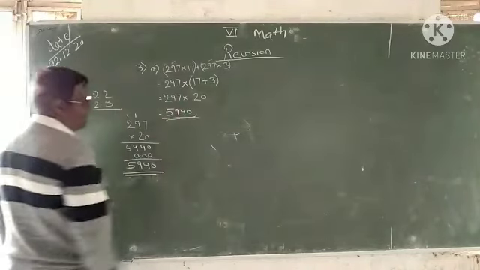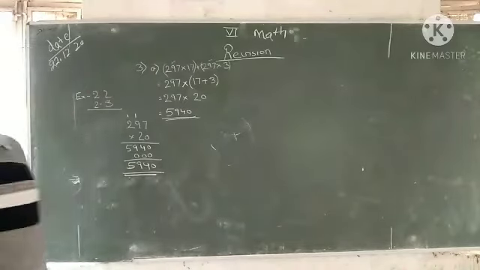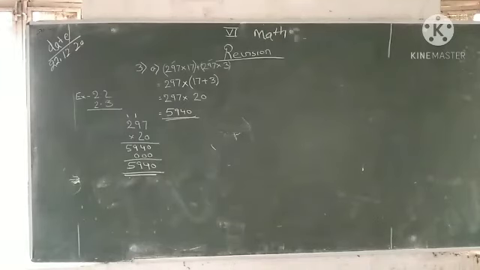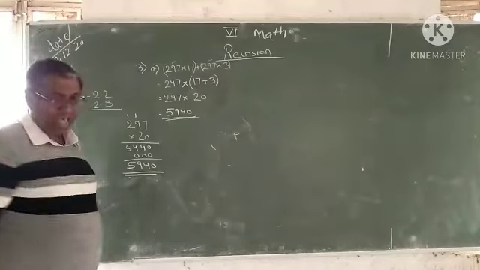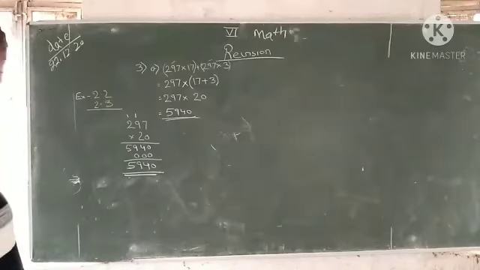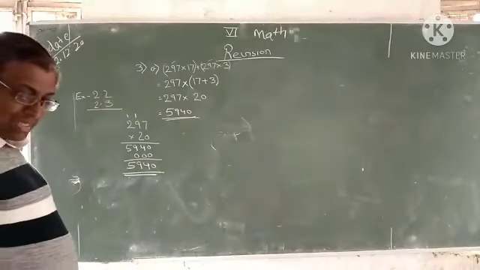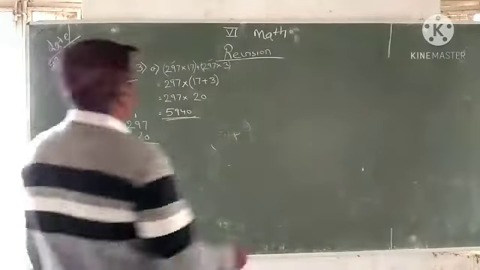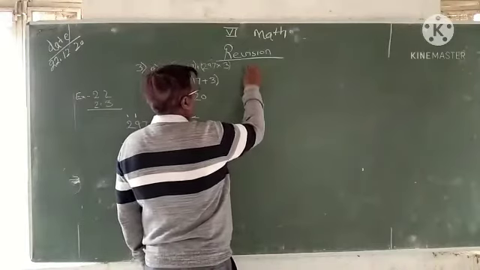This is your answer. So by rearranging the sum in a proper way, it becomes easier for us to calculate the product of the numbers. Now let's take sum number C as an example.